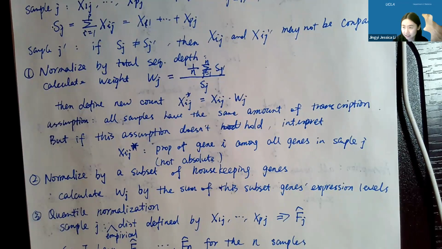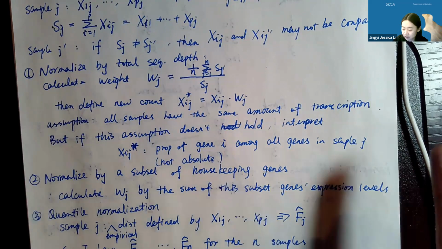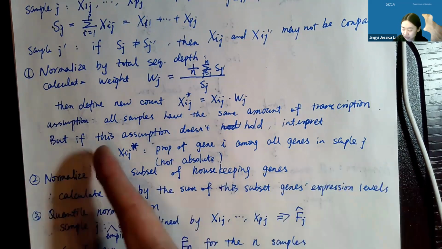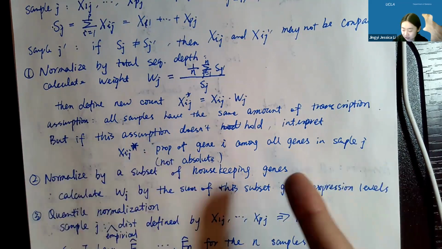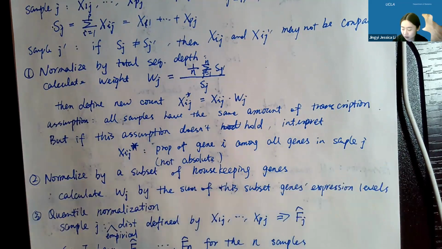If this doesn't hold, for example, some samples may be from a pretty silent state, while other samples are from a very active state, then what we can do after this normalization is only talk about the relative expression of a gene in relation to other genes in that sample. So we cannot talk about absolute expression levels. This is the thing we should pay attention to.